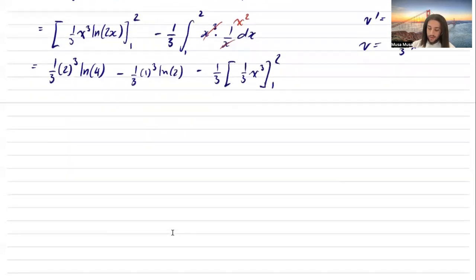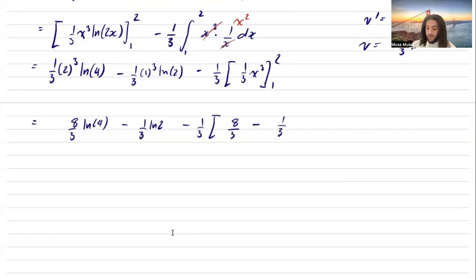Like that. Okay. That's 8 over 3 ln 4 minus a third of ln 2, minus a third, and then this is 2 cubed on 3, which is 8 on 3, and then minus 1 on 3.